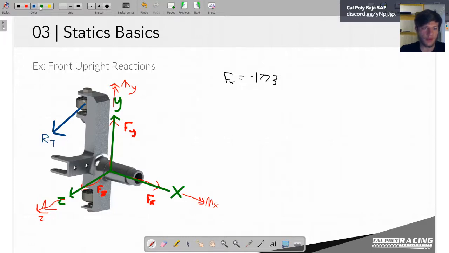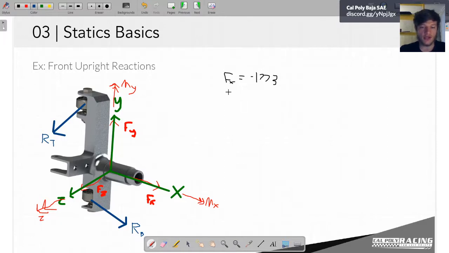And then we'll do the same thing for the bottom one. We'll just draw it the same. We'll draw it here, just in some random direction, and we'll call that R, call that RB for R bottom.